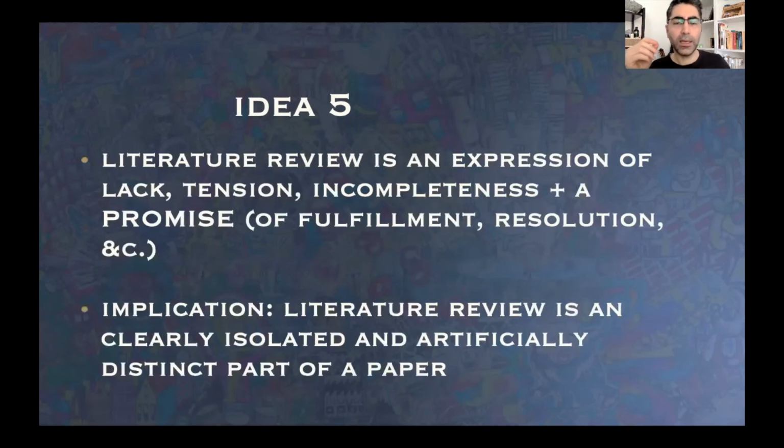In other words, a literature review is an expression of lack, or an expression of tension or paradox or incompleteness, plus your own promise that in this article, in our own research, we are going to fill these gaps or resolve these tensions or complete these incompletenesses.